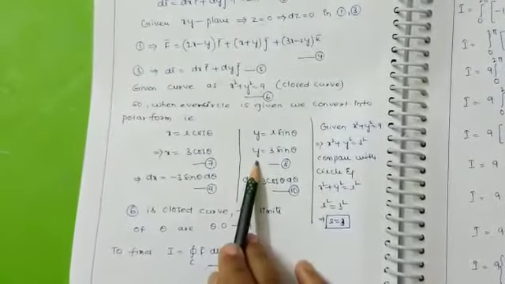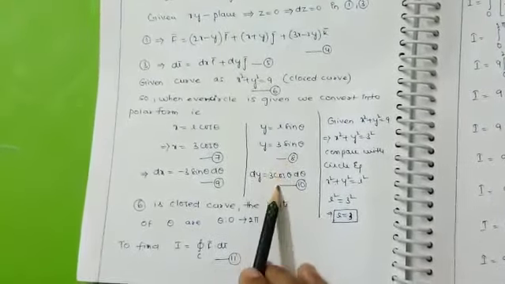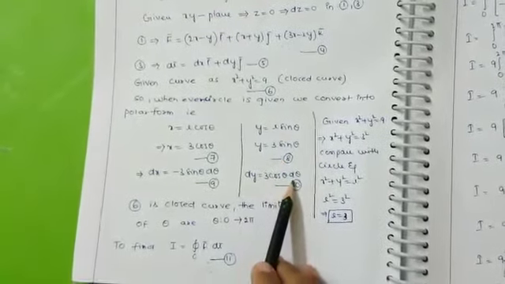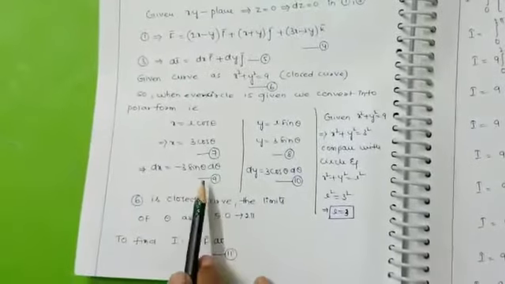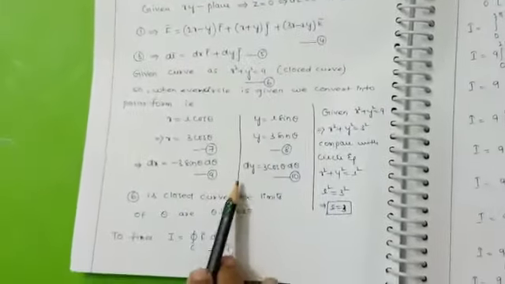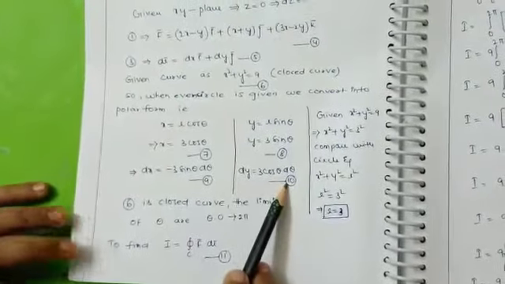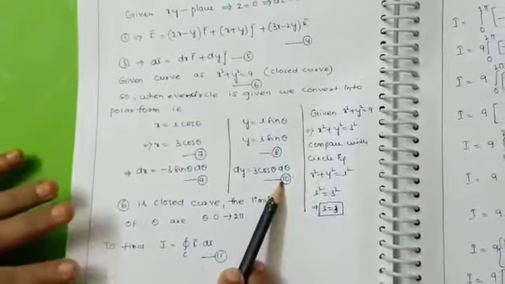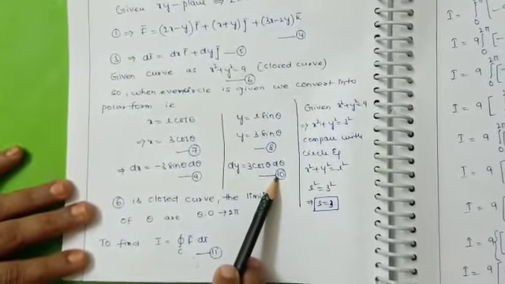Dy you are going to find out, y derivative is dy, 3 is constant, sin theta derivative is cos theta, theta derivative is d theta. So we have converted into the polar equation and we have converted the respective derivatives in terms of theta. It is indicating that the complete line integral we are going to convert in terms of theta here, means the limits of that particular equation should be converted in terms of theta.